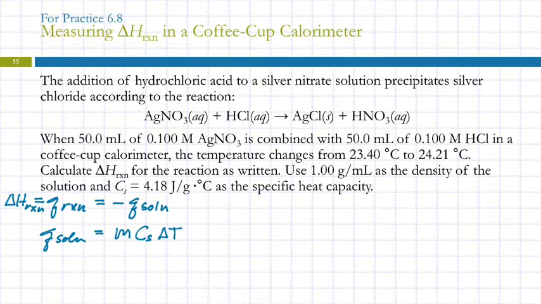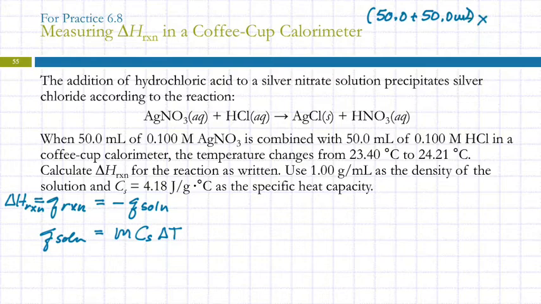Did they give us the mass of the solution? No. What did they give us? They gave us volumes, right? If you put 50 milliliters of this and 50 milliliters of that together, what do you get? 100 milliliters, right? And we've got a density here. So I'll maybe stick this up at the top. So we've got 50 plus 50 milliliters.